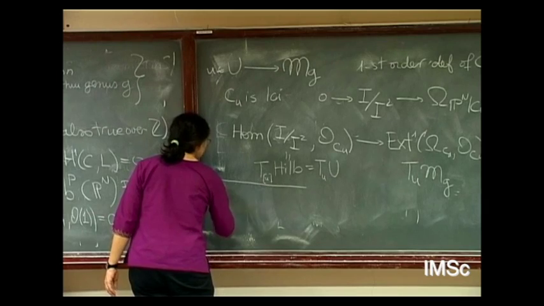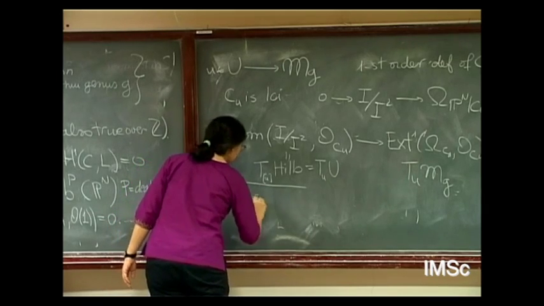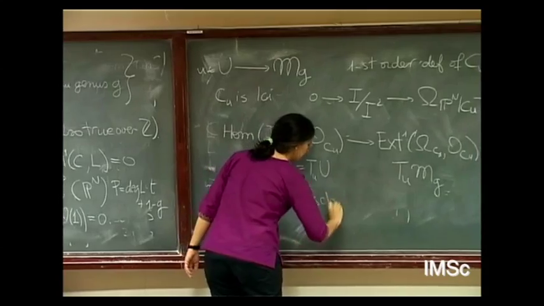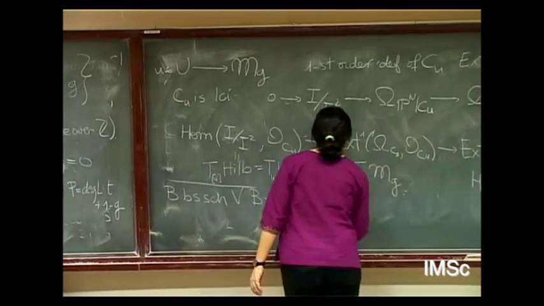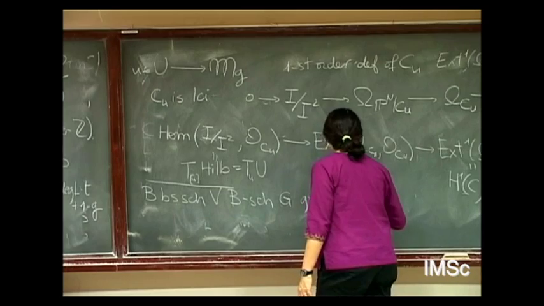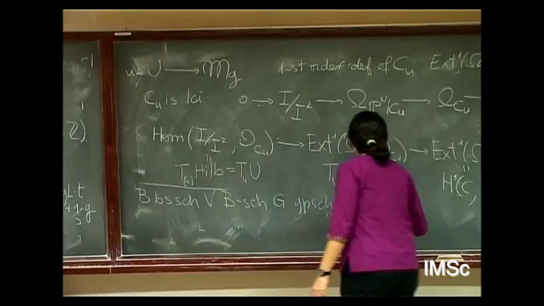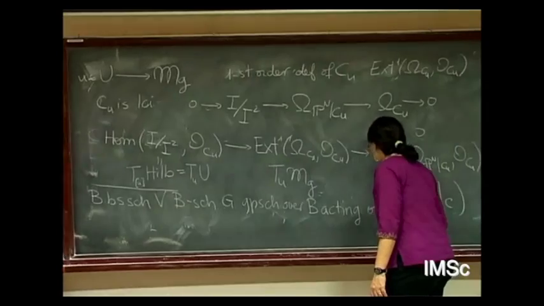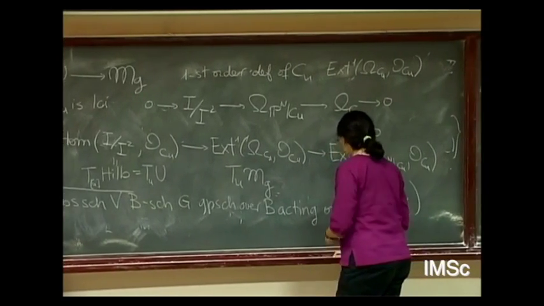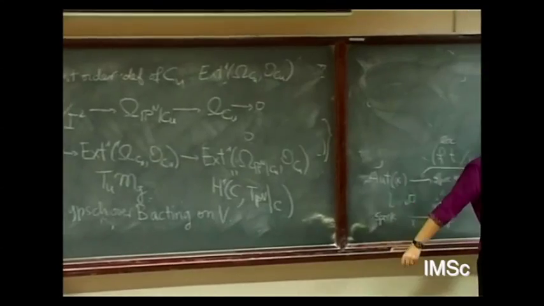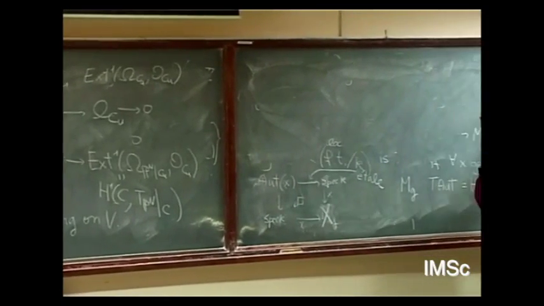So if B is a base scheme, V is a B-scheme, G is a group scheme over B acting on V, then how do you define a quotient stack?